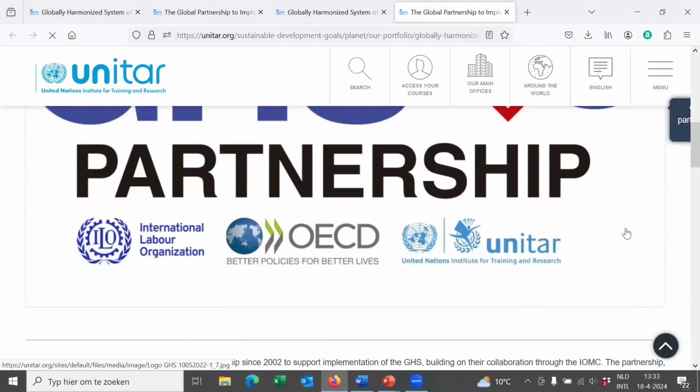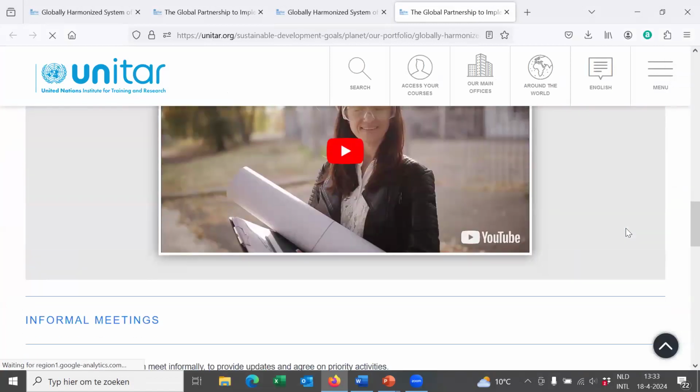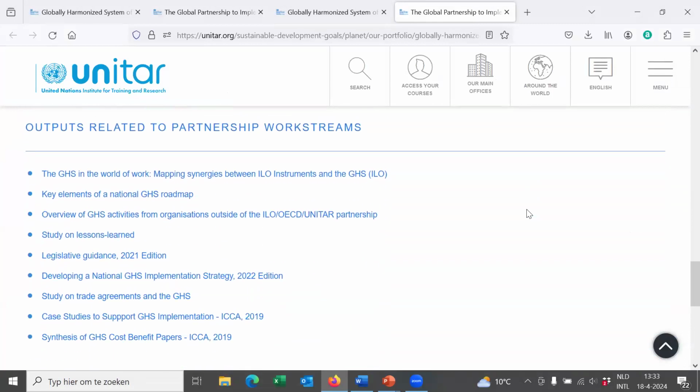Again, you can first read everything about the partnership. Here you find the outputs related to partnership work streams. So we have the strategy for developing a national GHS implementation strategy, the legislation guidance, and also interesting, I think, the key elements of a national GHS roadmap, about which Sophia will tell a little bit more later on. And here the study on lessons learned.